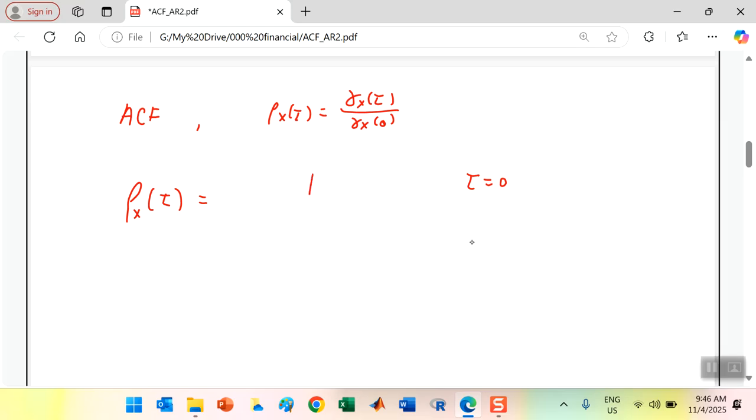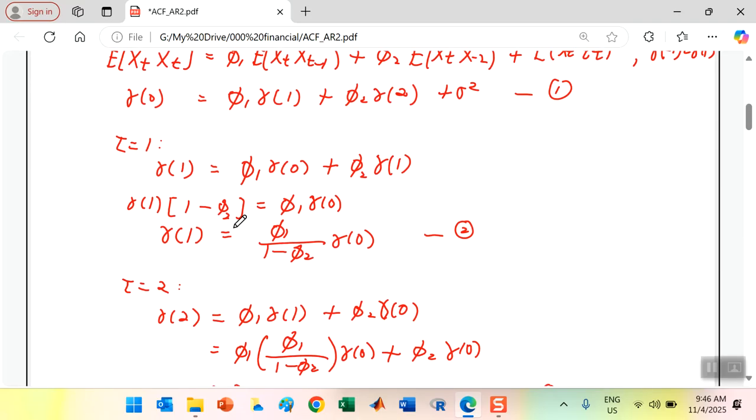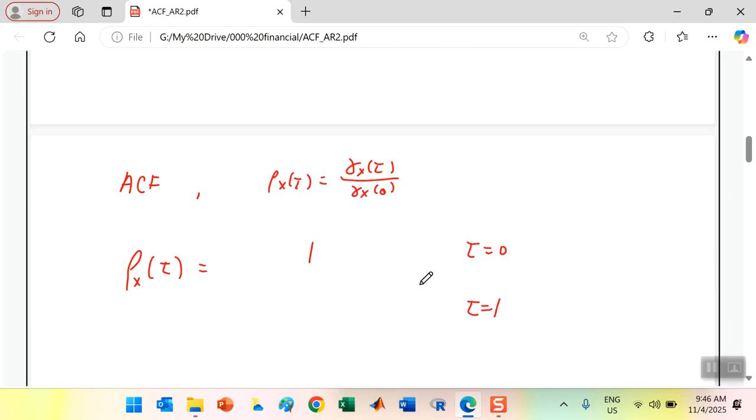So when tau going to 1, this is what we have, isn't it, just now? This one. So this value over the gamma of 0. This whole thing divided by gamma of 0. So you cancel the gamma 0. Okay, so this one you end up to have phi 1 over 1 minus phi 2.